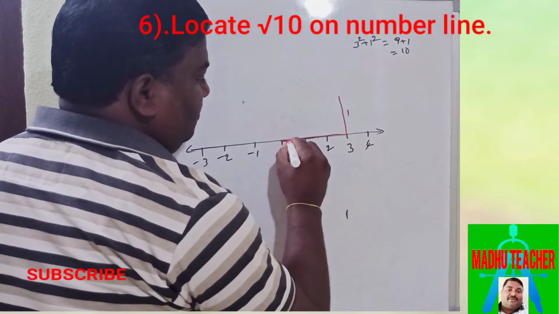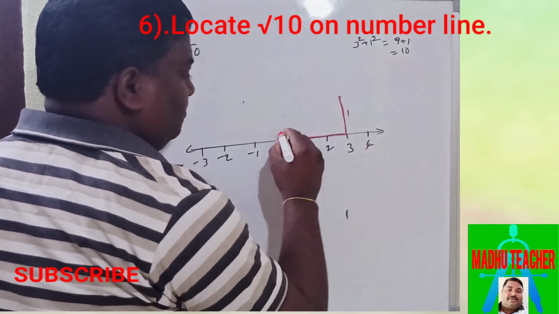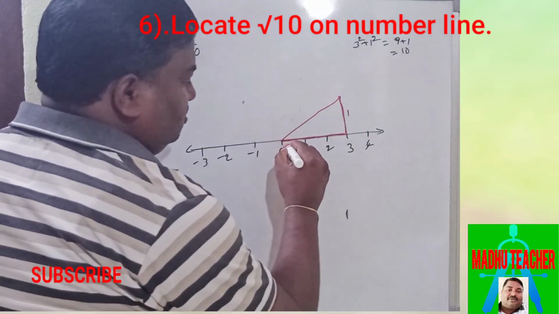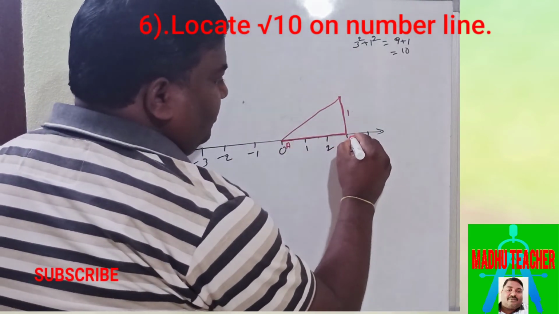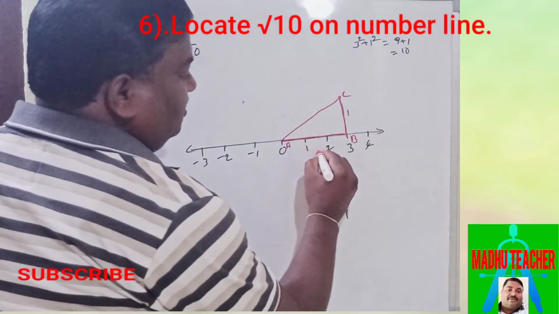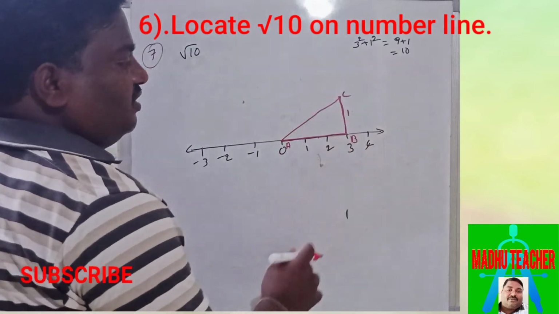By joining these two, suppose let it be A, B and C. So AB is 3 units, BC is 1 unit.